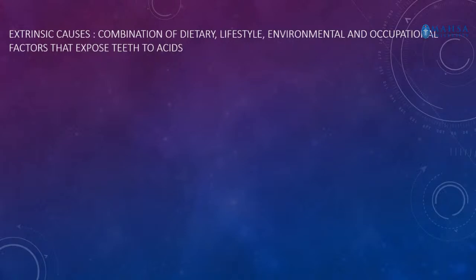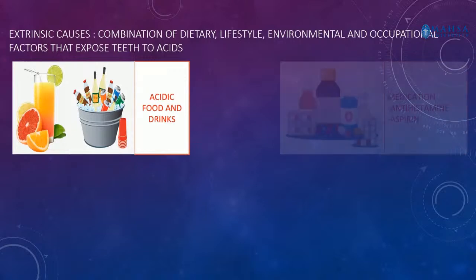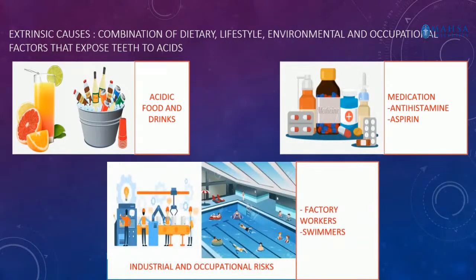The first extrinsic cause, which is the most significant, is diet. That includes excessive intake of acidic food and drinks such as soft drinks, fruit juice, and vinegar. The second extrinsic cause is the regular use of medication such as antihistamines and aspirin. Lastly, the industrial and occupational risk.